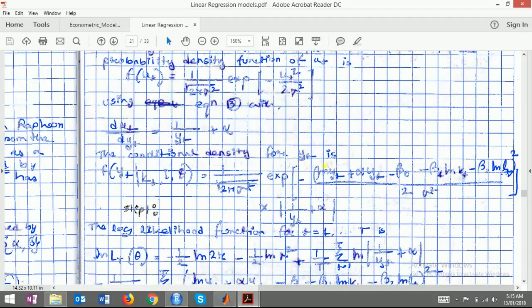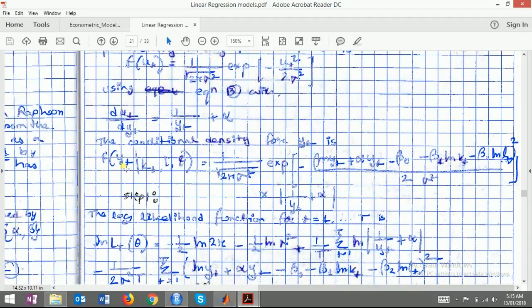The conditional density function for yt is a function of yt conditional upon k, for information matrix I and all parameters theta.